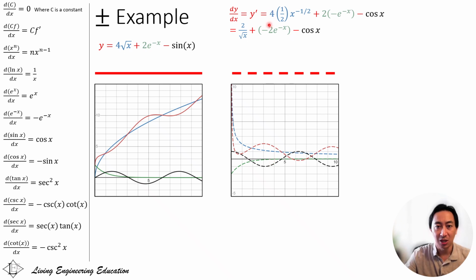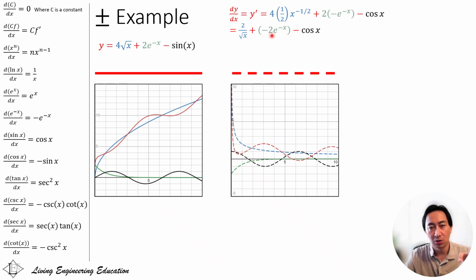All right, then we take the second derivative. 2 over square root x, well, you can look at this 1 over square root x term as a polynomial with x to the negative 1/2, right? So the negative makes it 1 over the value. So then negative 1/2 times x to the negative 1/2 minus 1, or negative 3/2, right? So we got that term. Minus 2 e to the negative x, right?